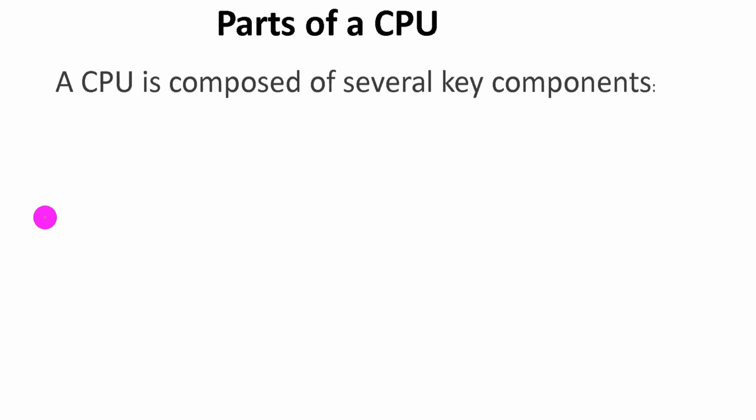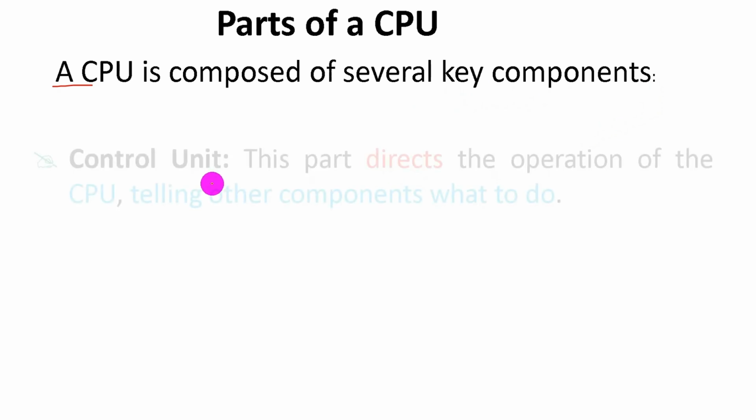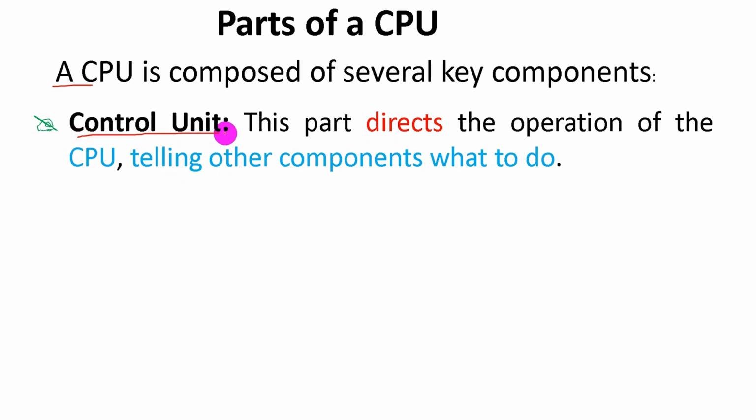Parts of the CPU, or components of the CPU. The CPU is composed of several key components, which are categorized into four. The first one is the control unit. As the name indicates, it controls the activity of the central processing unit and other components of the computer.